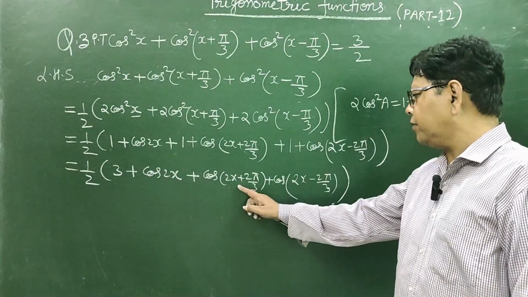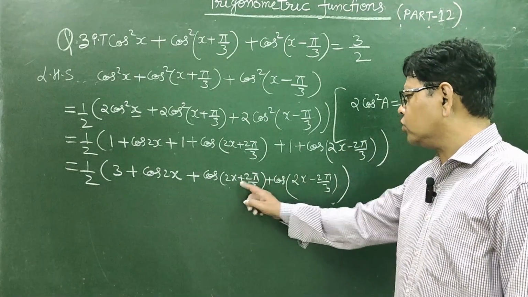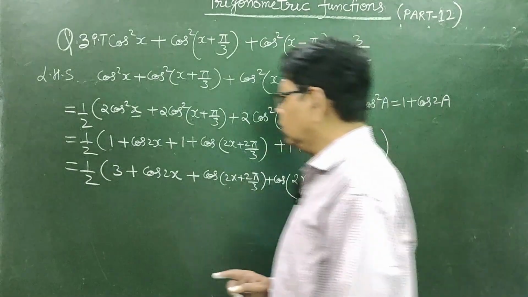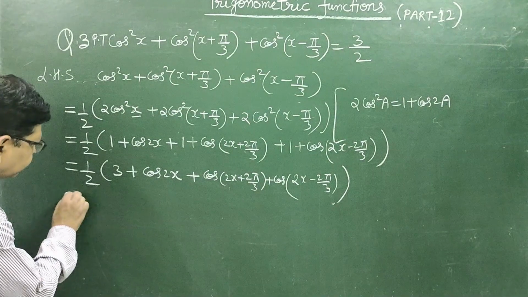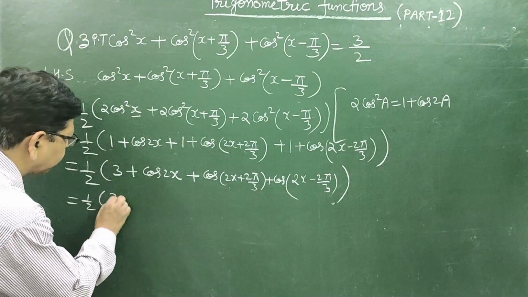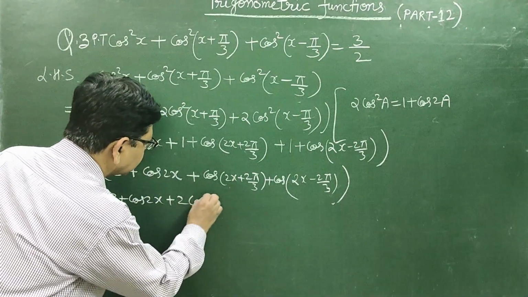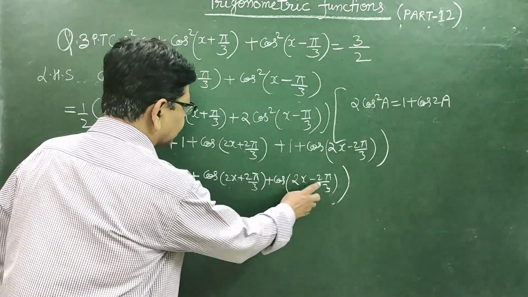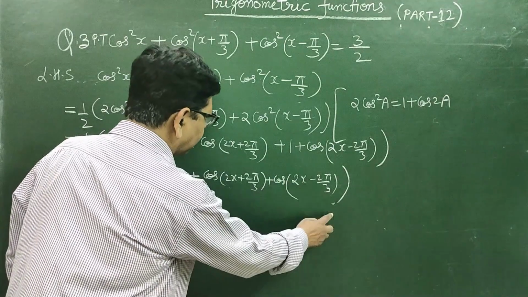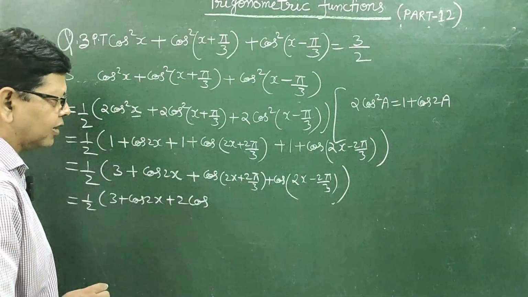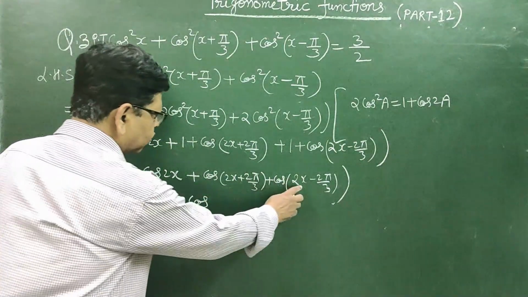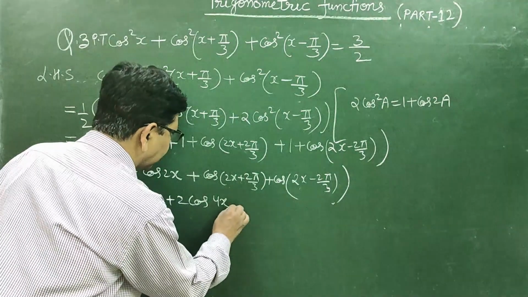Now I can apply cos C plus cos D here. So this is equal to half into 3 plus cos 2x plus 2 cos of the sum of these two angles, then 2 pi upon 3 and 2 pi upon 3 get cancelled, and 2x and 2x is 4x upon 2.